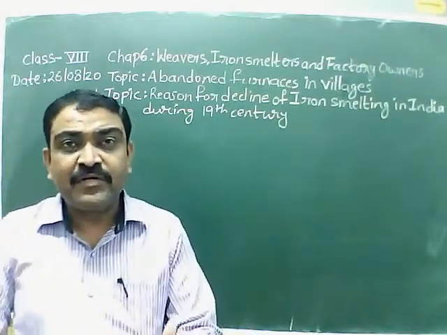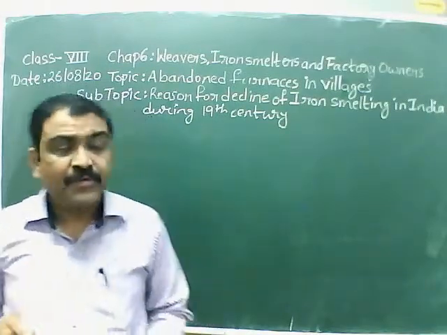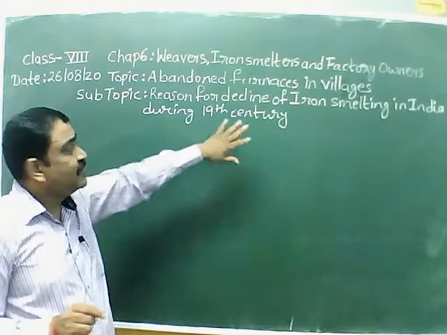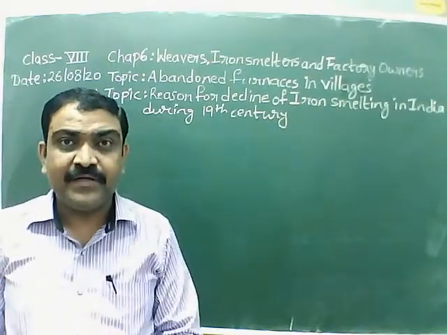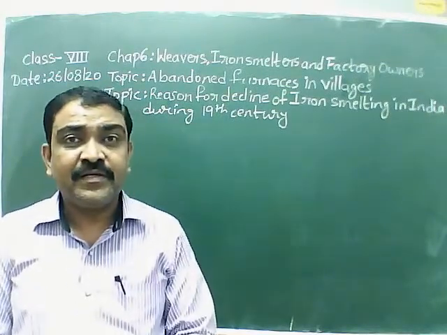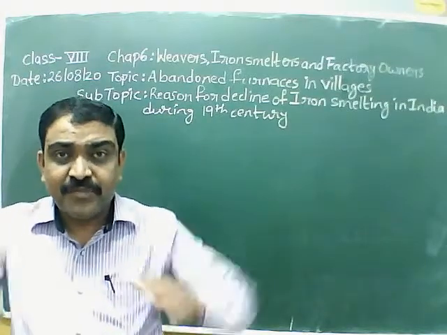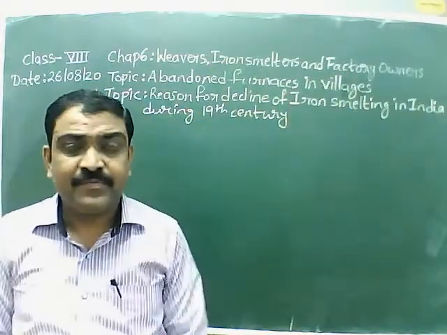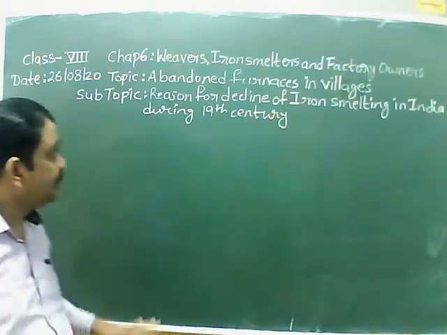So that is not a concern for our subject history. Iron smelting is a process from which pure iron is obtained by using iron ore, and the furnace is an instrument, basically a big kiln, in which this process takes place.